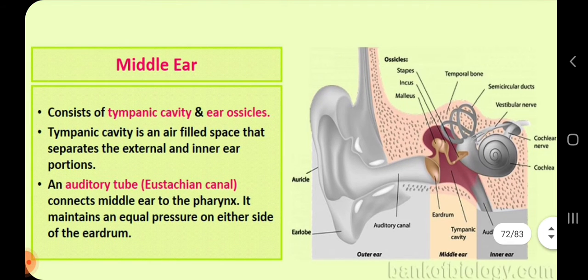What is the use of this eustachian tube being connected to the pharynx? It helps in equalizing the pressure formed on either side of the ear drum.